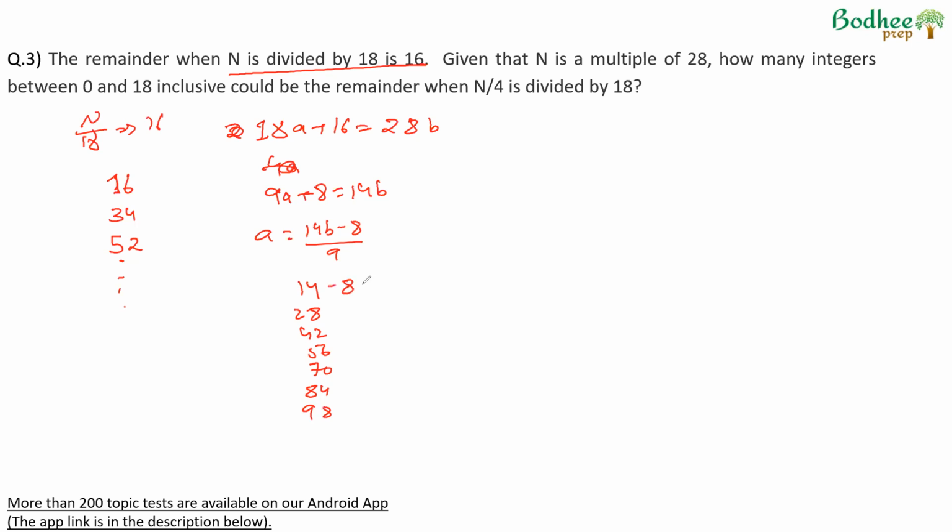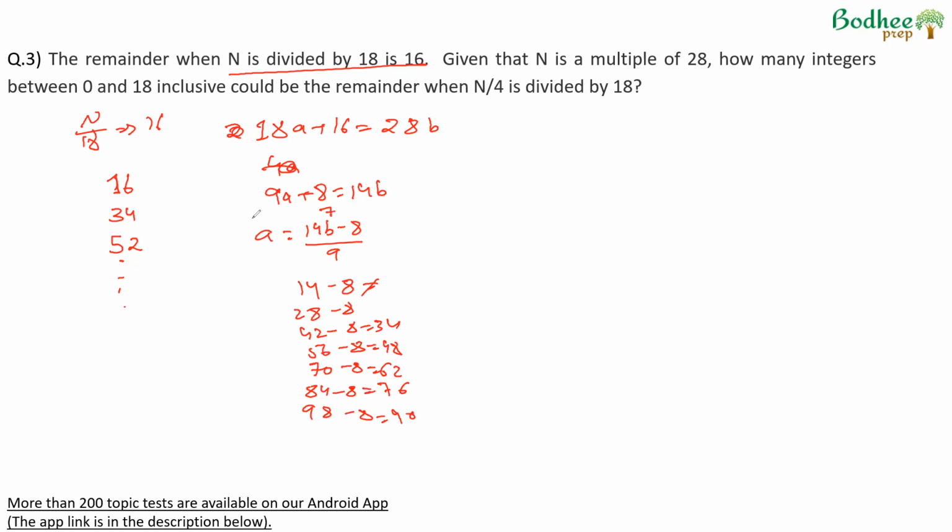Again, this minus 8 is not a multiple of 9. Minus 8 is 34. Minus 8 is 48. Minus 8 is 62. Minus 8 is 76. Minus 8 is 90. So here we get an answer.